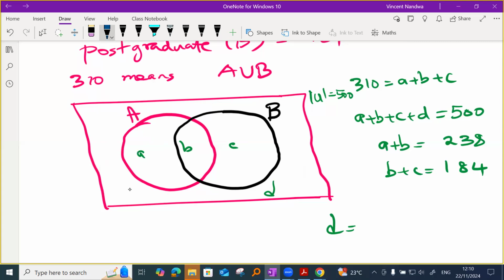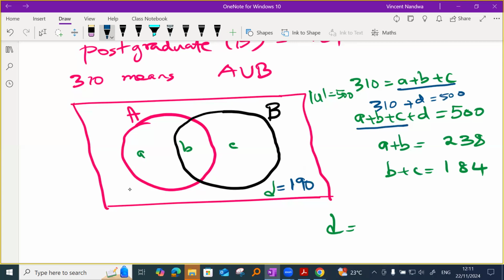So A plus B plus C is 310, and A plus B plus C plus D is 500. So 310 plus D is 500. What is D? Yes, D is 190.